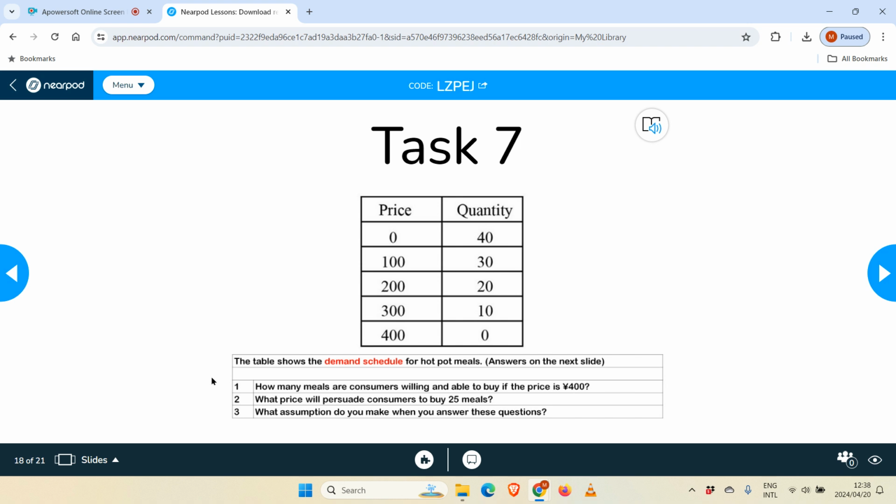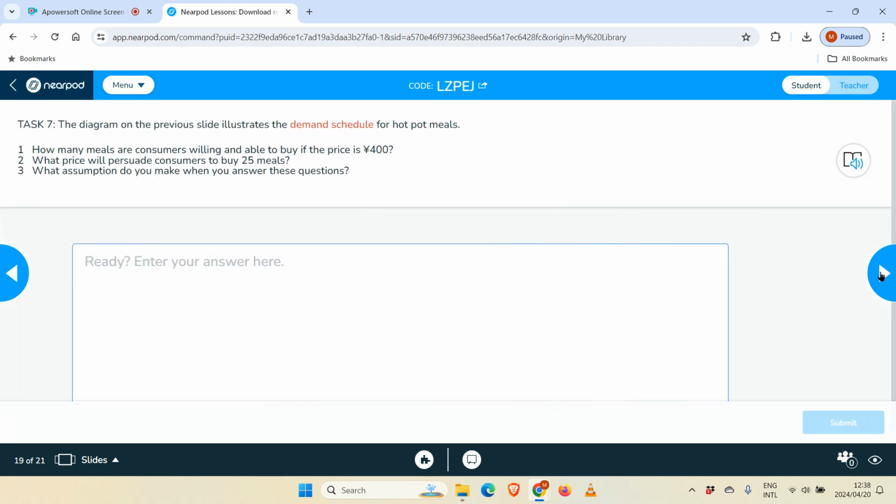To help students understand the demand schedule, I'm asking them a few questions to answer based on this table over here. Questions 1, 2, and 3. They again have a place to answer their questions.